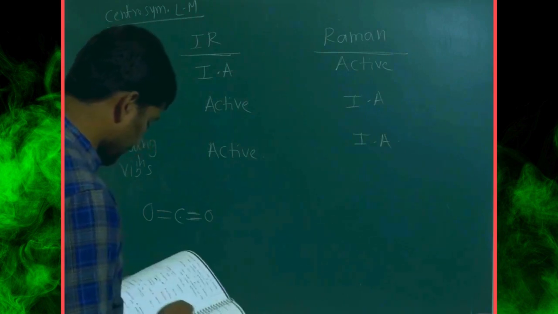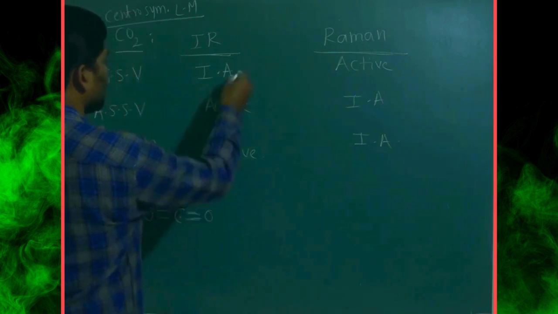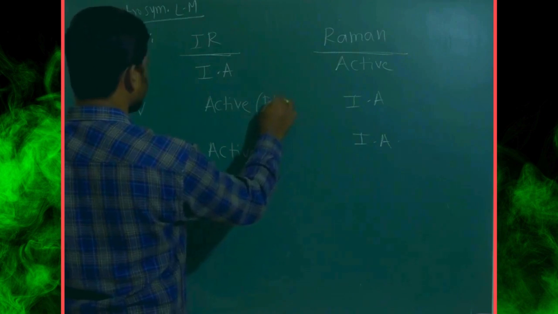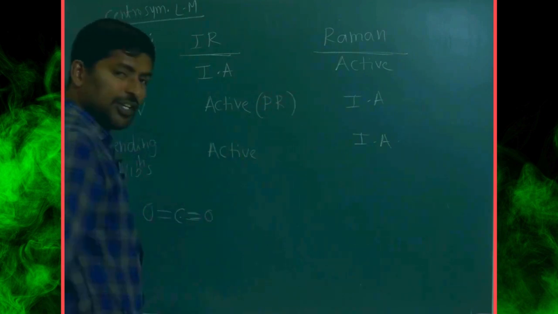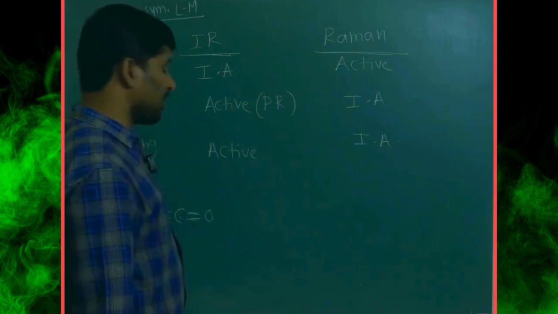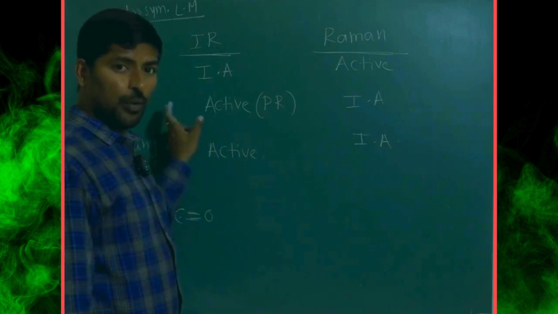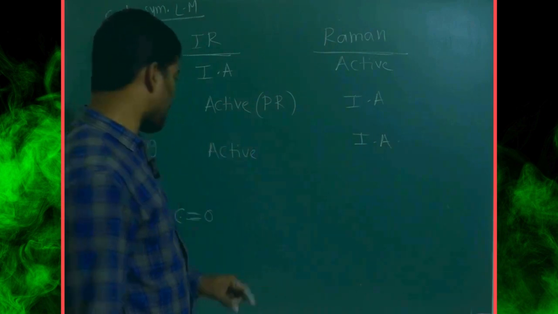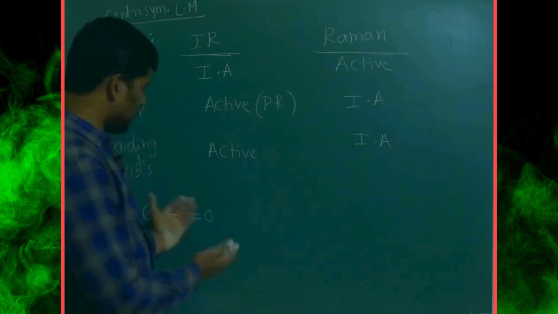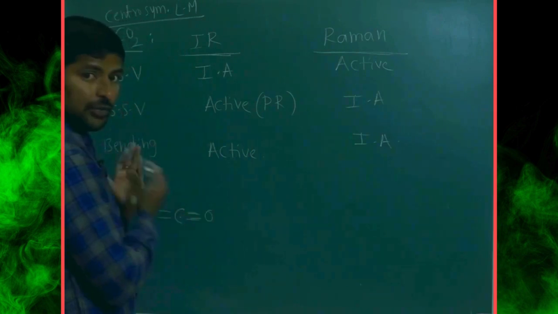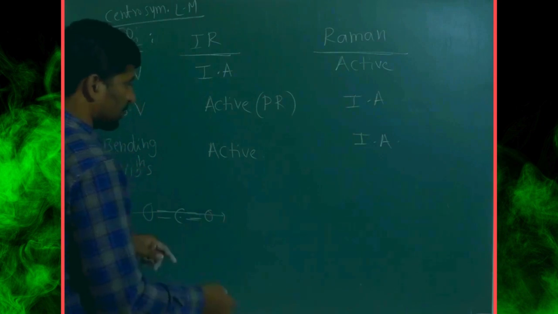Various branch lines, this one is inactive, no need to consider. Here we'll get a parallel vibration. Stretching vibration is a parallel vibration: the oscillating dipole is along the bonding axis. In the bending vibration, the oscillating dipole is perpendicular to the molecular axis.